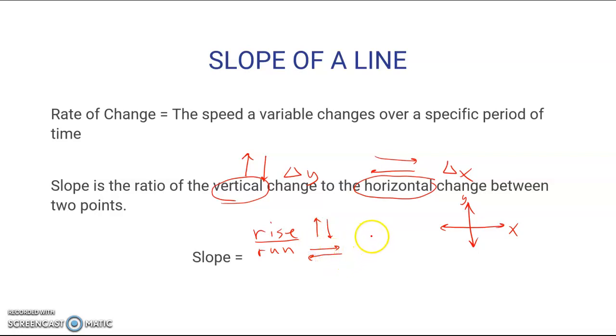So as we go up and over, you get this idea of the line sloping. It's talking about the angle of the line.